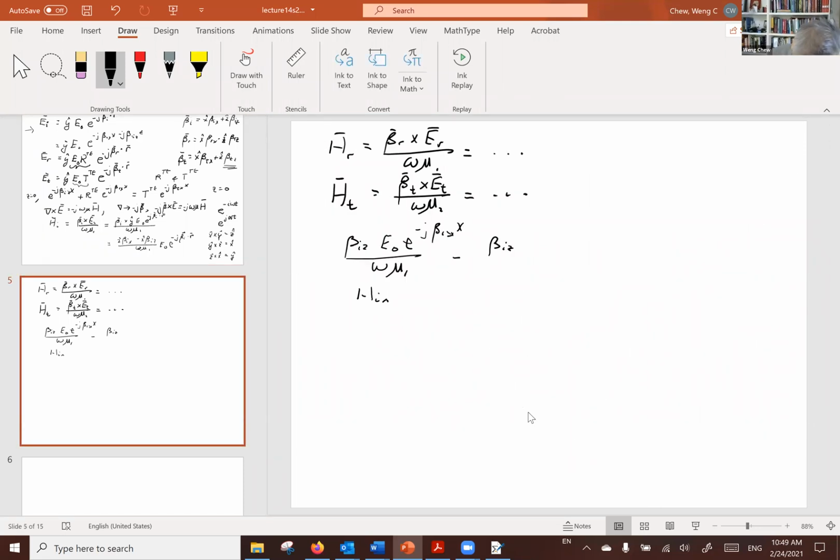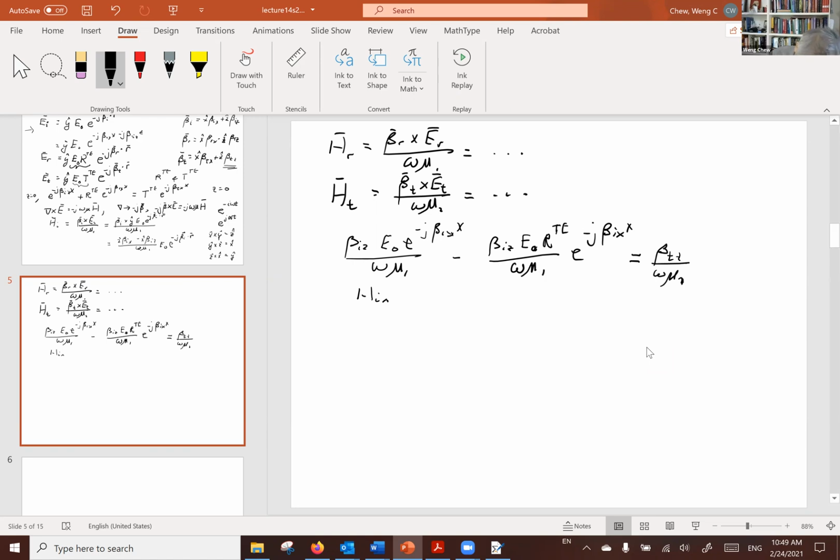So if I write out the other details, it will look something like this. And then I will have to put in the reflection coefficient for the reflected field, and then I will have e to the j beta_ix x. Okay, and then I will have to match this to the tangential component of H_T. If you write that down carefully, you get beta_tz over omega mu 2 now. Sorry, this is mu 2.